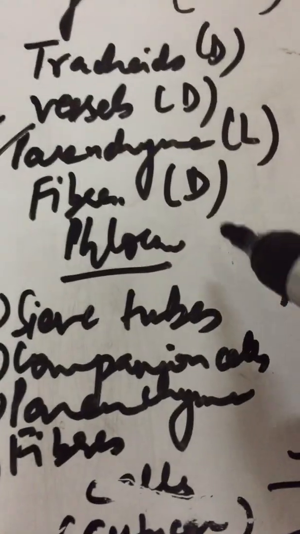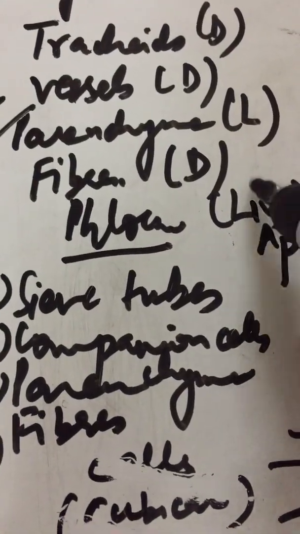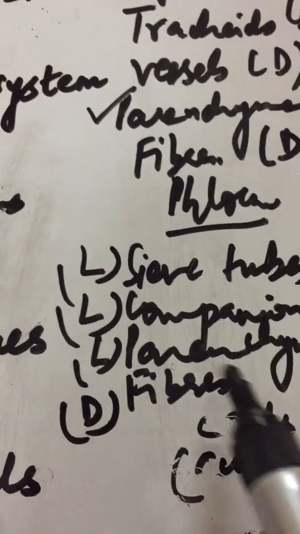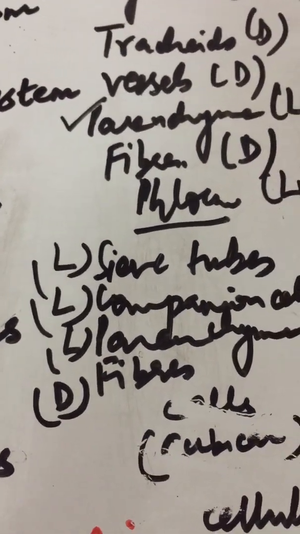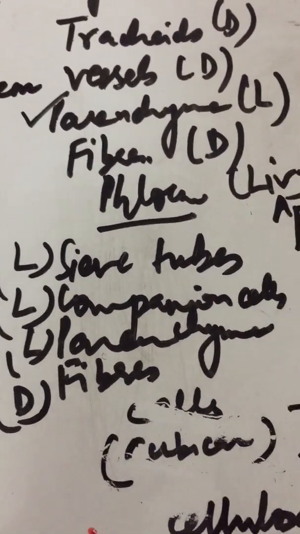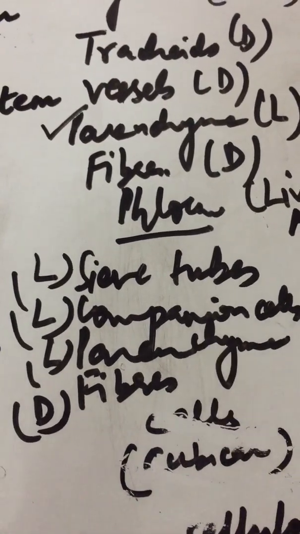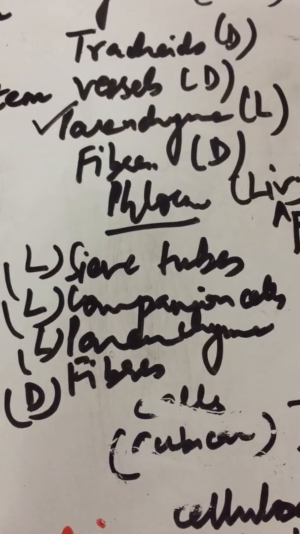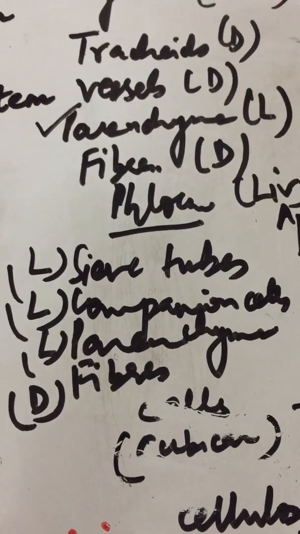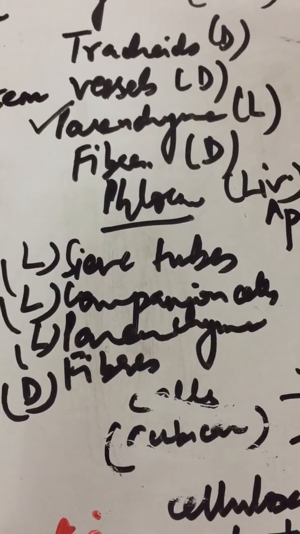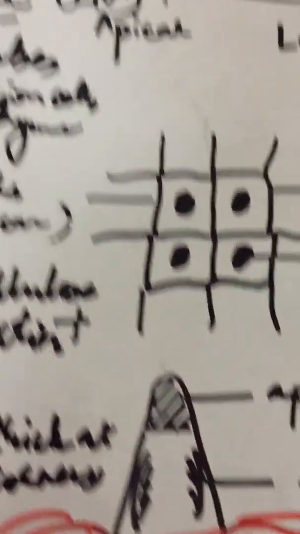So basically, phloem is a living tissue with only one dead component, and that is fibers. Other 3 components are living, and its primary function is to translocate food from leaves to all parts of the plant. And when I say all, it means both upper and lower.